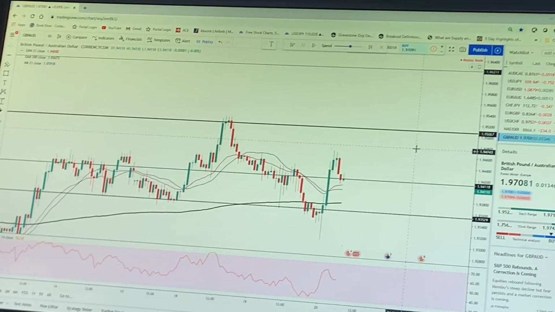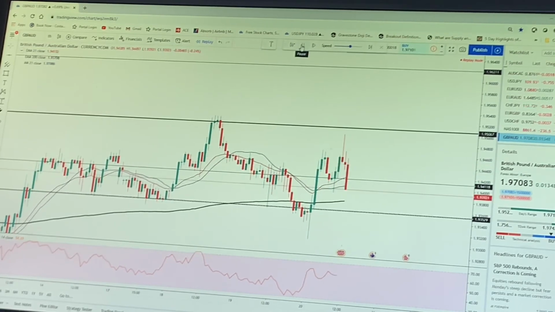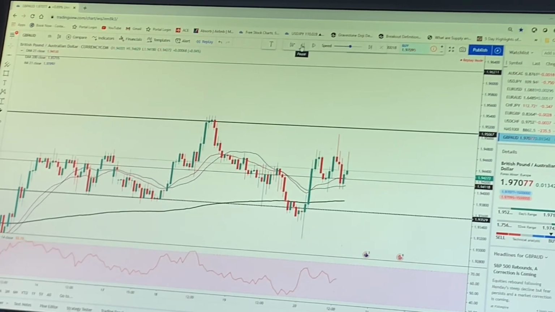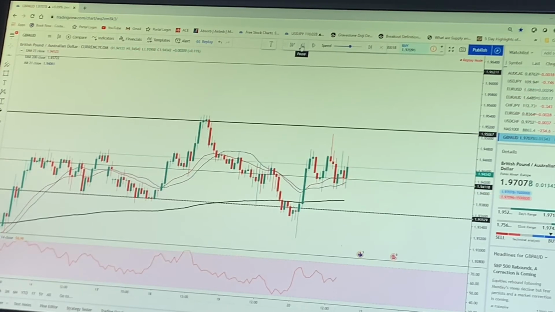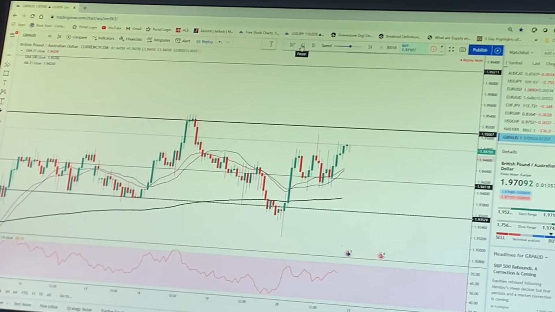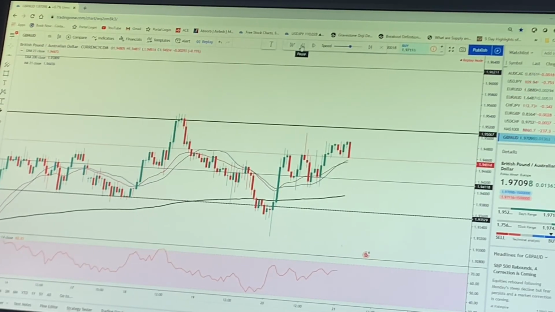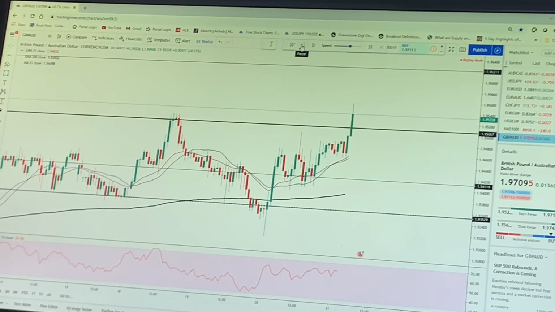Boom. Came back down for a retest. Be patient, be patient, be patient. Let price do what it's going to do. Look at price, it's going up. Boom.